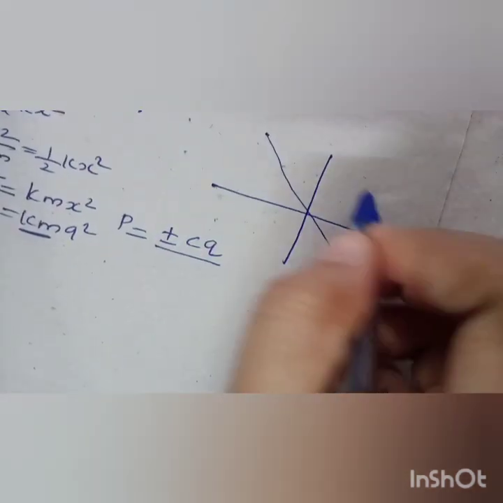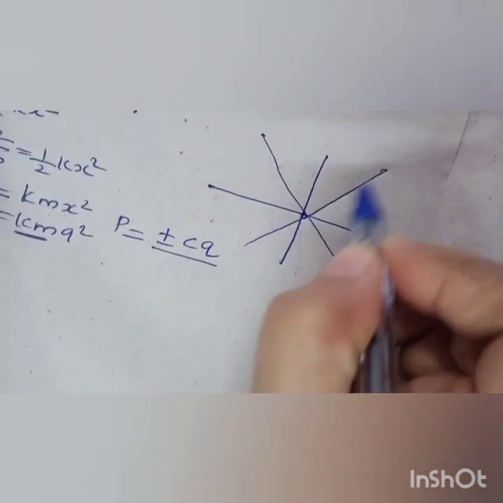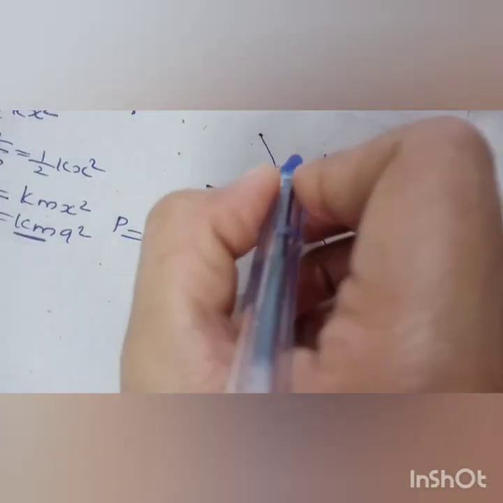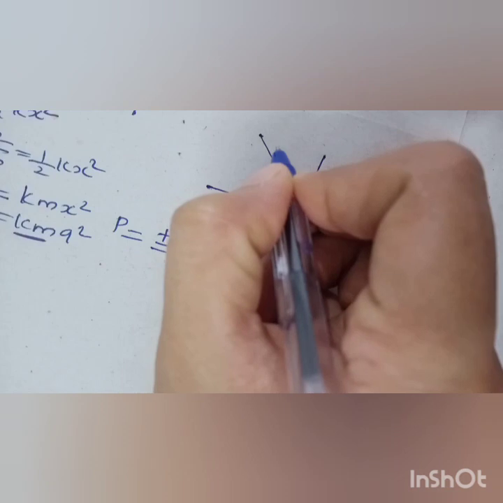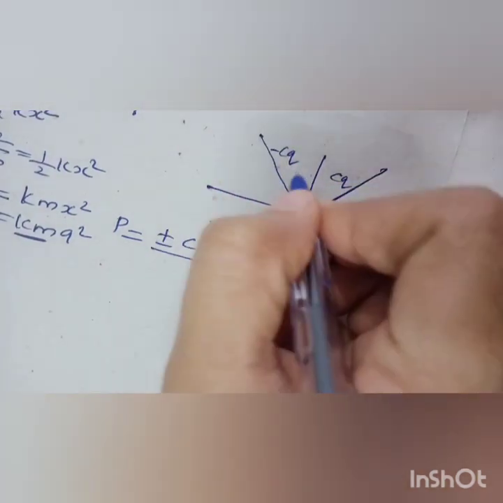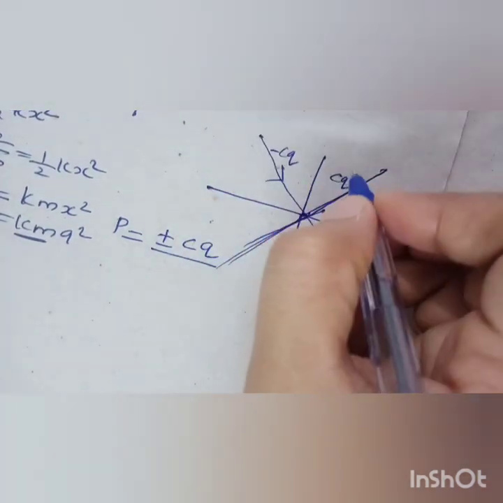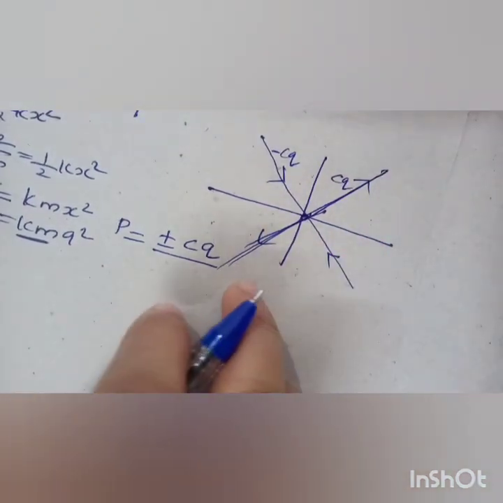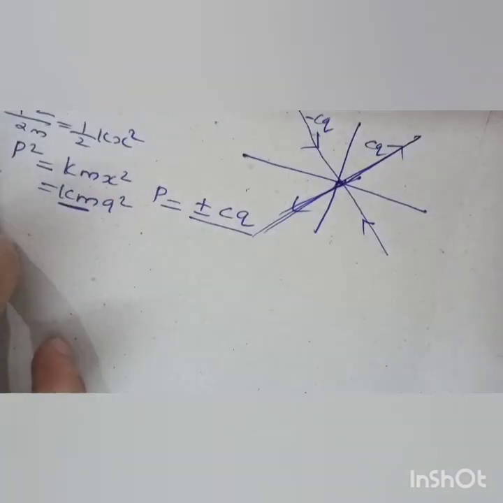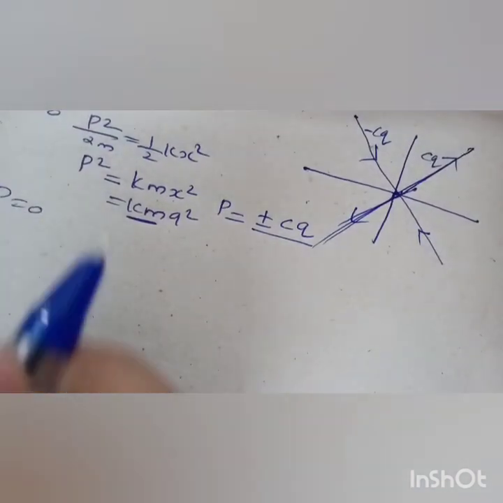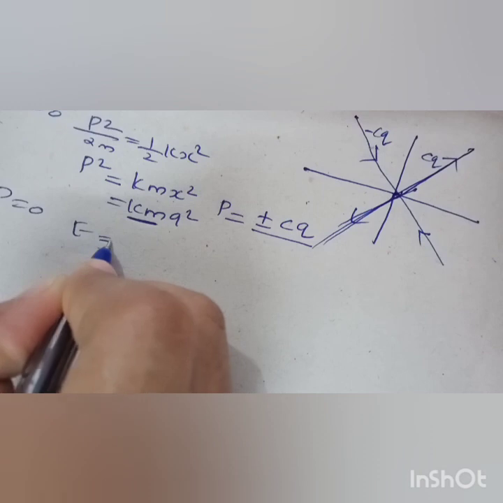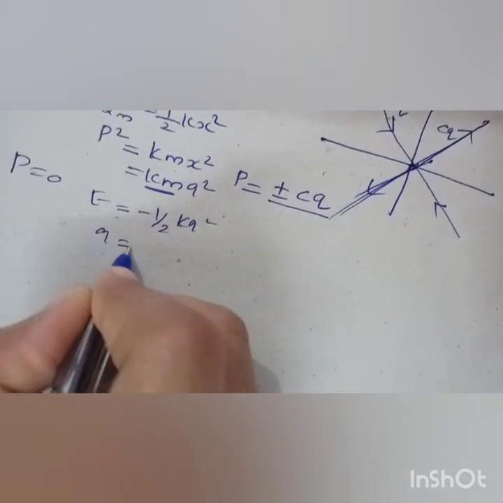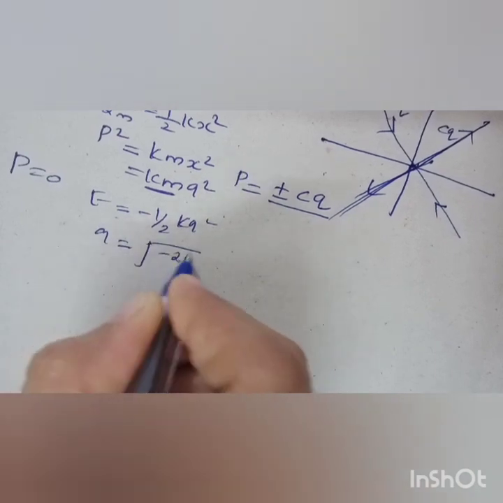So we get two lines here like this, because we got p is equal to plus or minus cq. This is the cq line, this is the minus cq line. So we got the phase space diagram of that. Also we can consider the p equal to 0 point, in which E is equal to minus half kq square, so q is equal to under root of minus 2E by k.